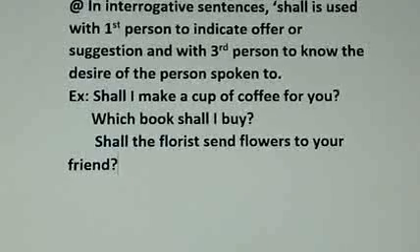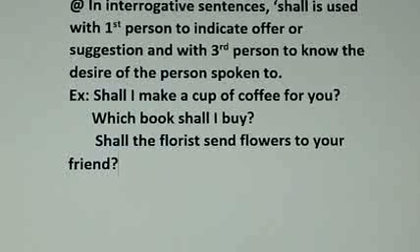In this sentence, dear children, shall is used with the second person. Okay, and the sentence is like asking for a desire, or trying to know the desire. Okay, let's see.